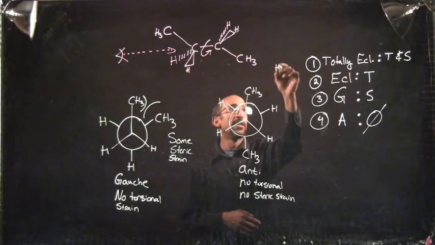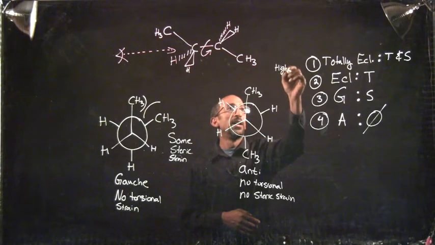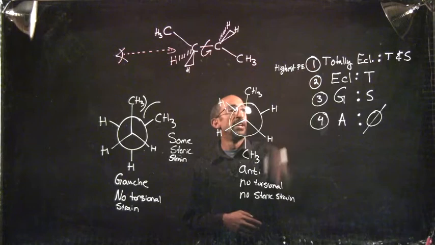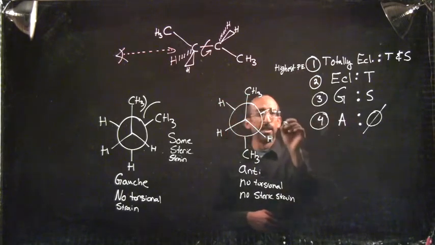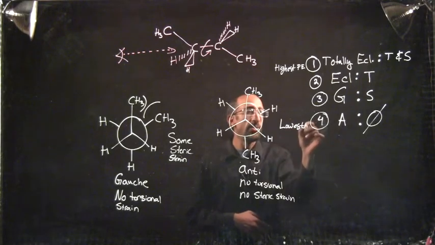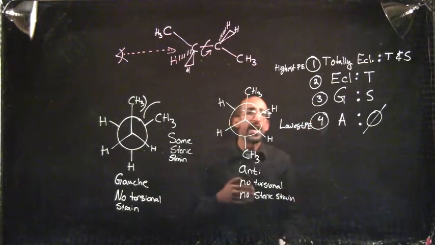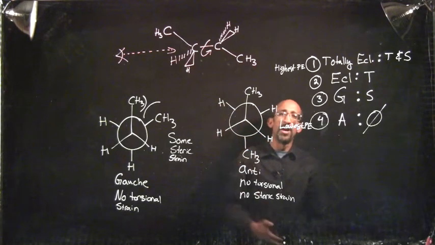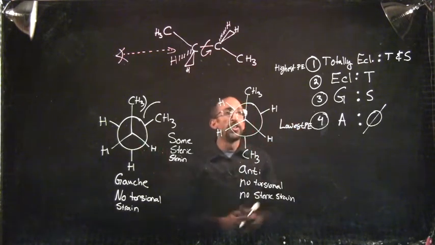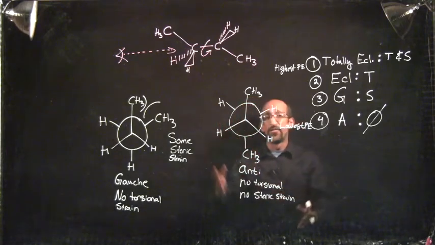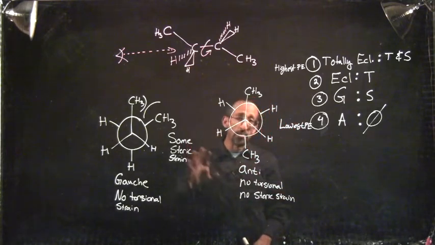So highest potential energy, and now here anti are lowest potential energy. Remember that every time we introduce strain, that raises the potential energy of the molecule. And so now we can compare the relative energies of these different conformations, all for butane.